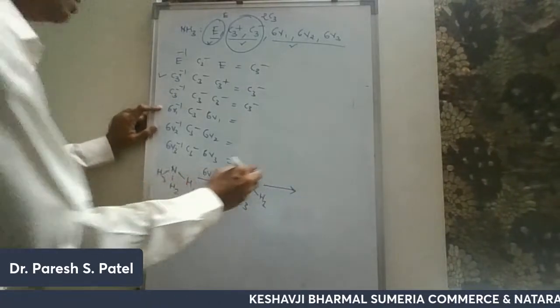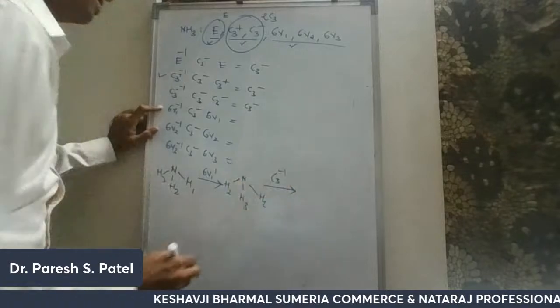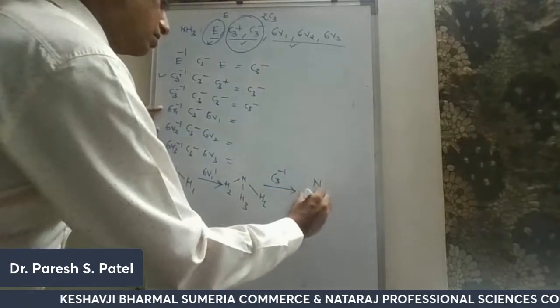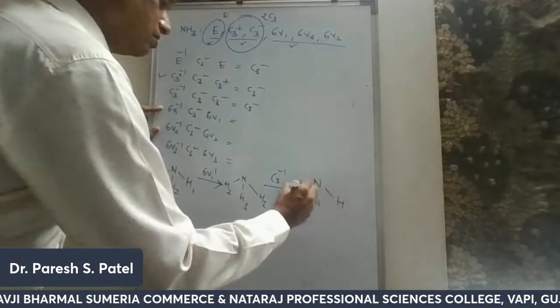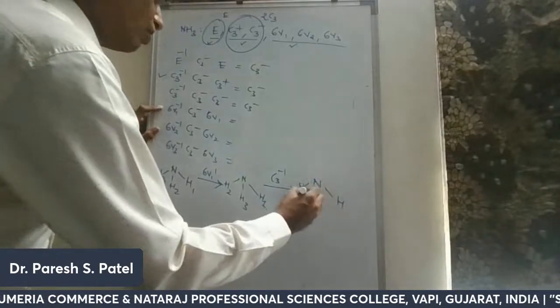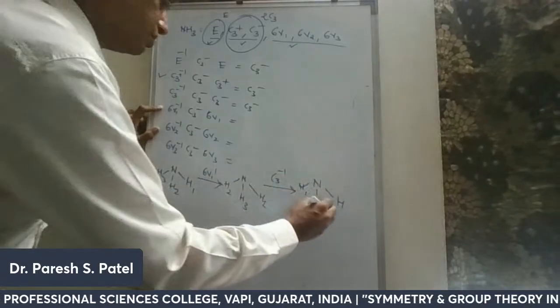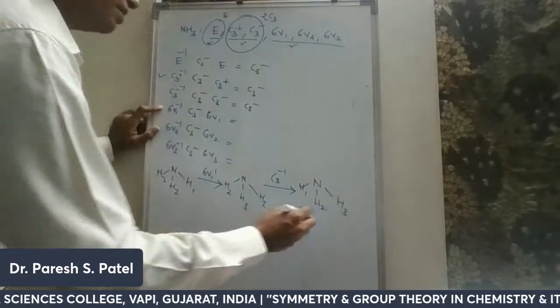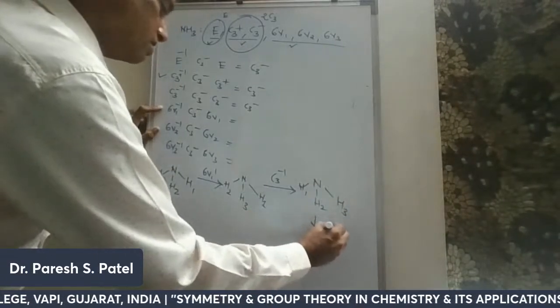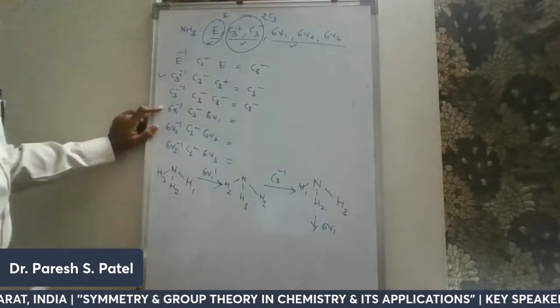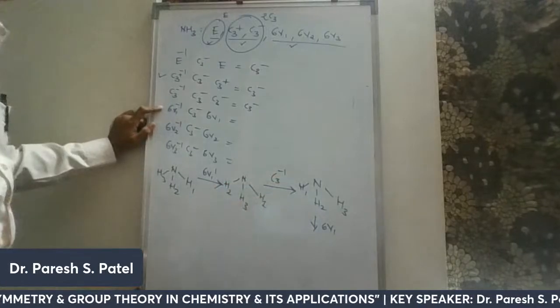And then C3 minus, one time anti-clockwise rotation. 1, 2, and 3. Then again sigma V1. This is again rotation followed by the reflection.